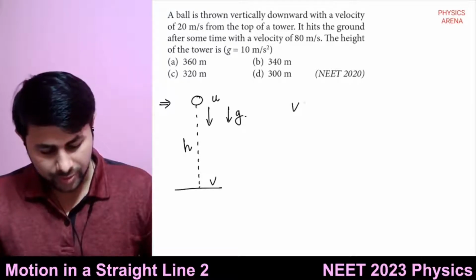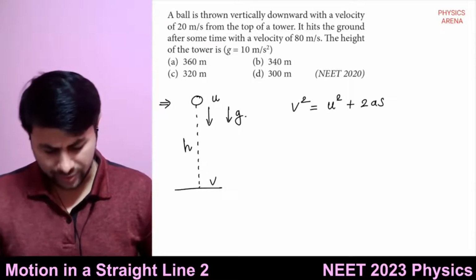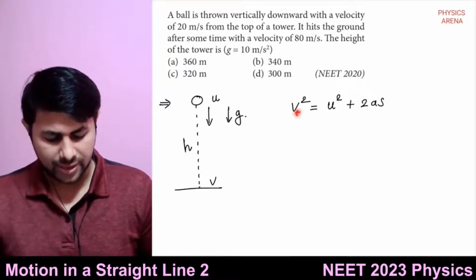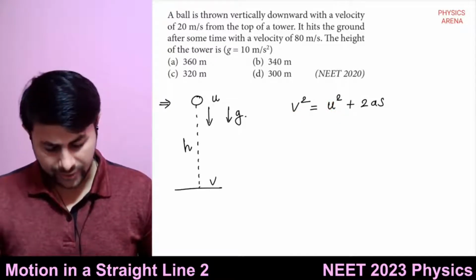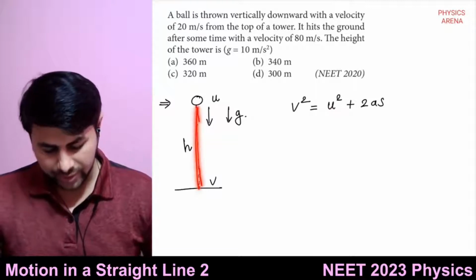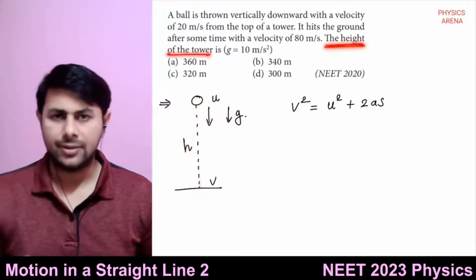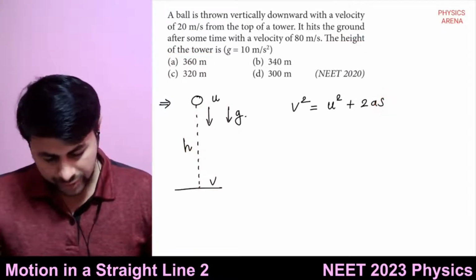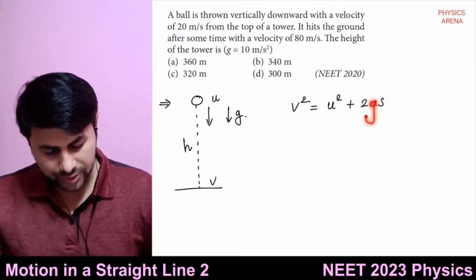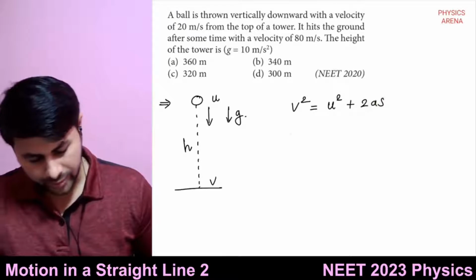So this formula, v square equals u square plus 2 times a multiplied by s, or we used v square equals v naught square plus 2as. Here s is equal to this height, and we are asked about the height. So we substitute a equals g, and s equals h.